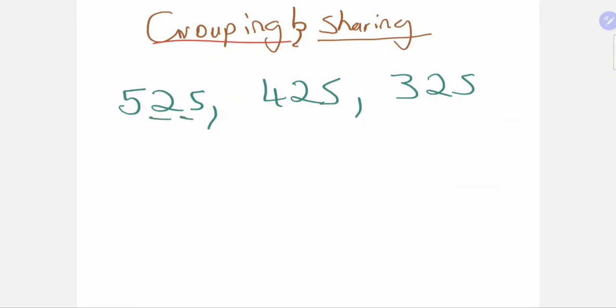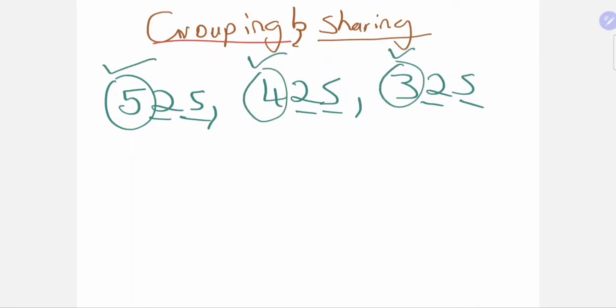Because the tens and the units are all the same, we don't really have to look at them. You can just look at our hundreds. You have 500, 400, and 300. How do you make those equal? If you take 100 from 500 and add it to 300, 300 becomes 400. 500 becomes 400. And we already have a 400 in the middle. Doesn't that make things a lot easier, right?